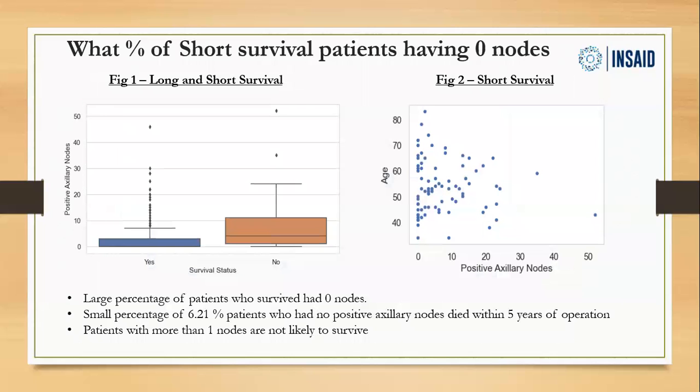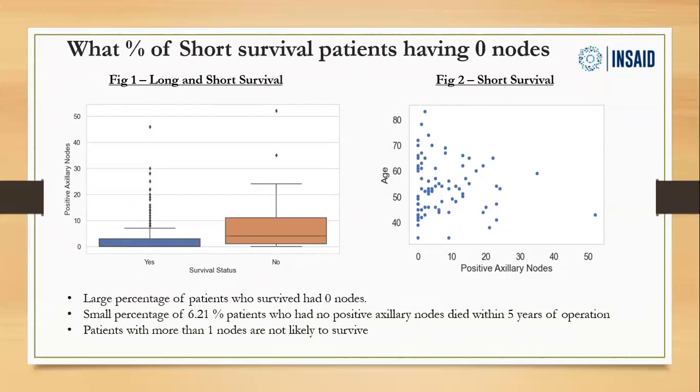What percentage of short survival patients have 0 nodes? For this, we have taken two sets of data. One is with both long and short survival categories, and another has only the short survival category. First, we will look at the left side graph.